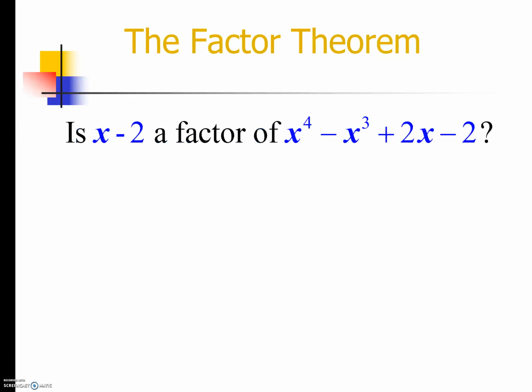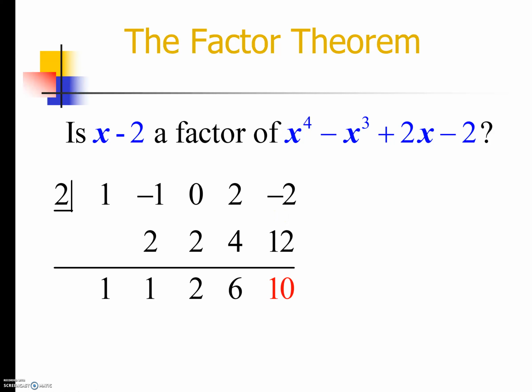Let's look at this example. The question says, is x minus 2 a factor of x to the power of 4 minus x to the power of 3 plus 2x minus 2? This means we have to find f of 2, using either the substitution or synthetic method.